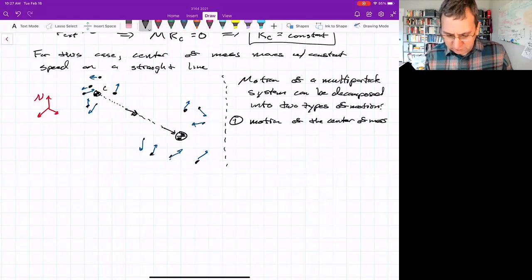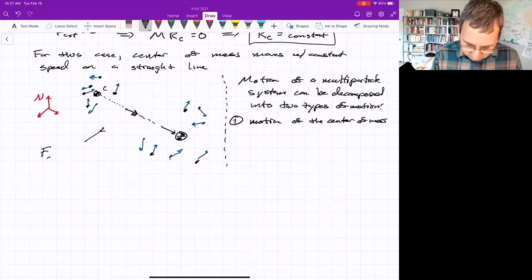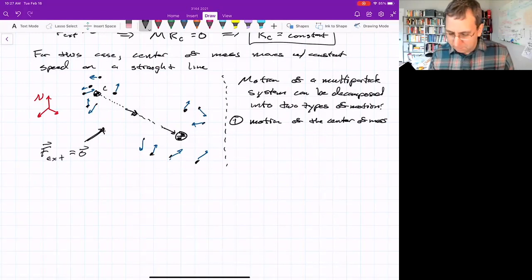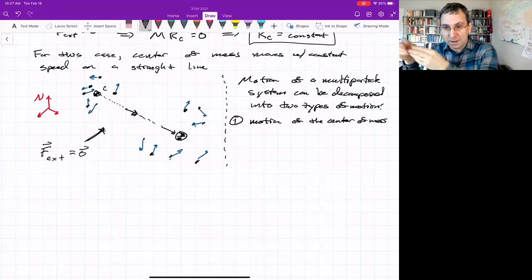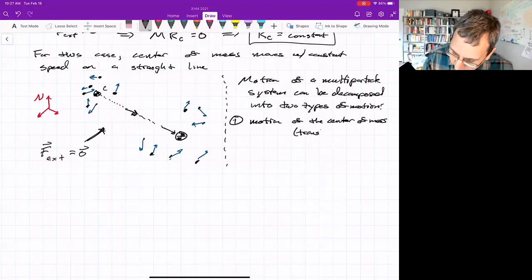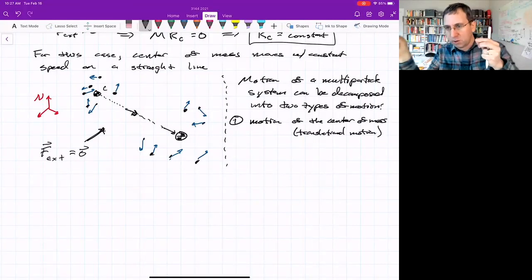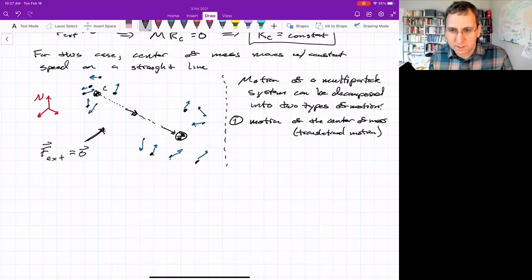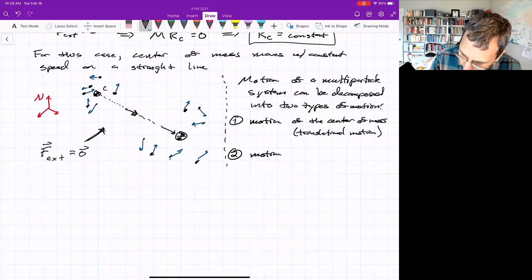I've shown here on the left the case where total external force is 0, and this thing is moving on a straight line. But you could always decompose the motion of the multi-particle system into motion of the center of mass and then motion of particles with respect to the center of mass. We might call the motion of the center of mass the translational motion of the system. That roughly says where the average location of this system is. The second one is the motion of particles relative to the center of mass.